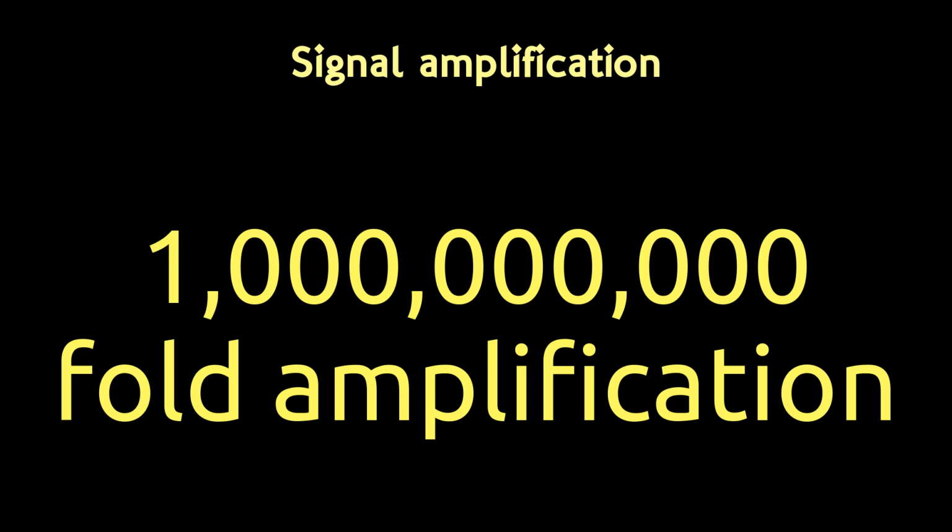Yeah. That's a lot. So for one ligand that binds to the exterior of the cell, you can get on the order of 1 billion of the second messenger or the final product that you want on the inside of the cell. So you have this incredible ability for signal amplification.